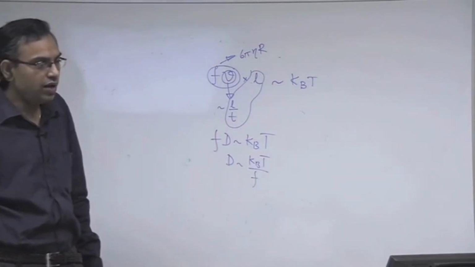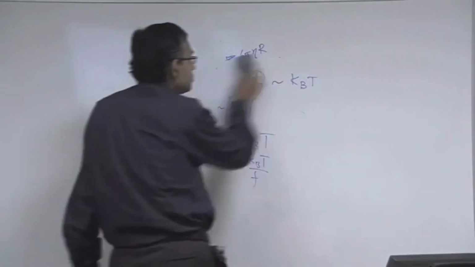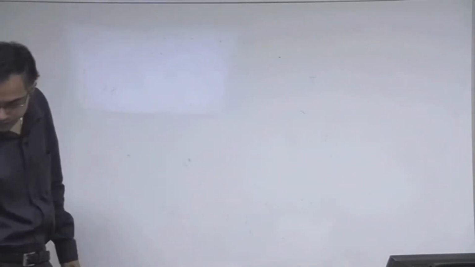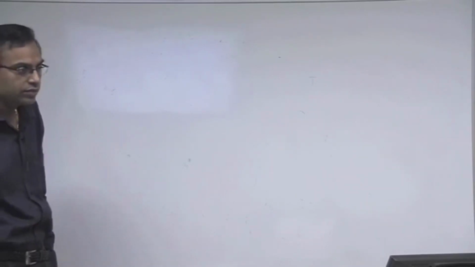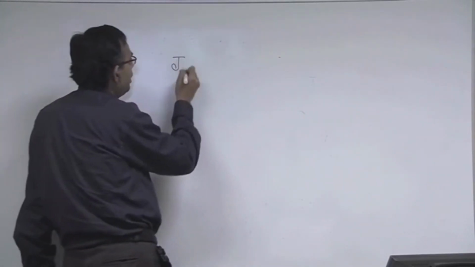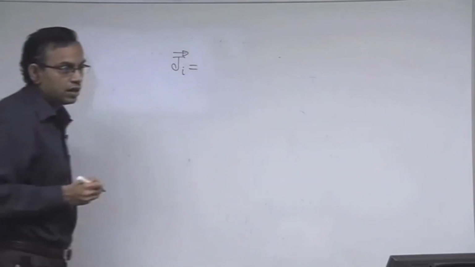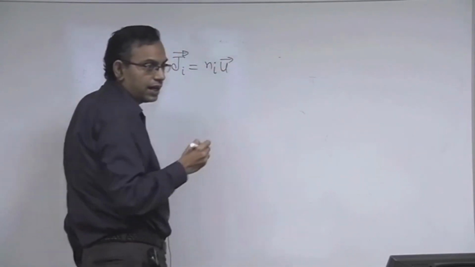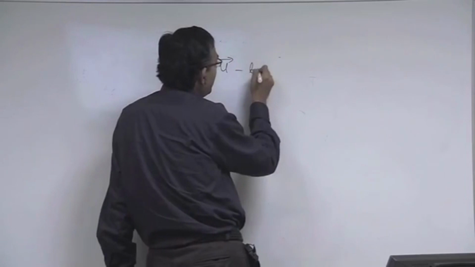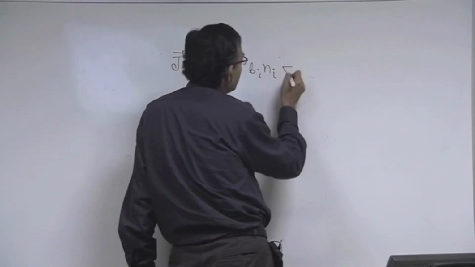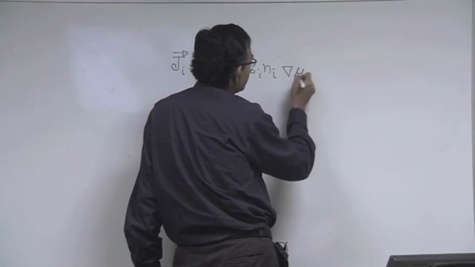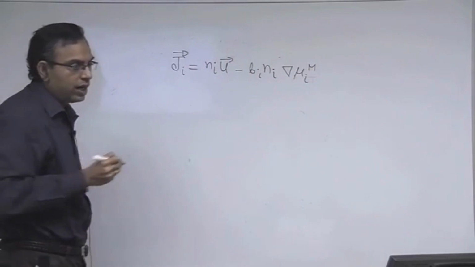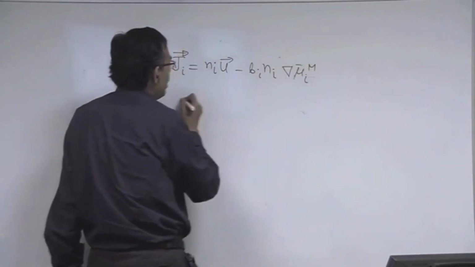Okay. So now, let me write the expression for J on the board. J_i is equal to N_i u minus B_i into, what is mu_i molar?